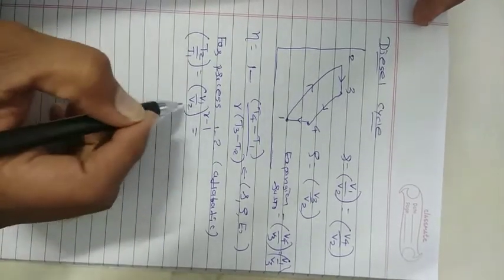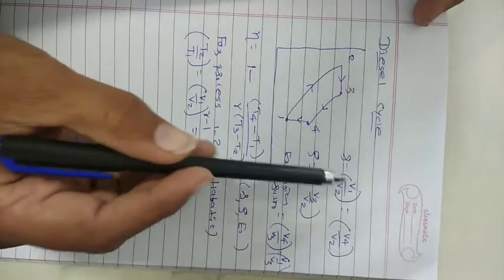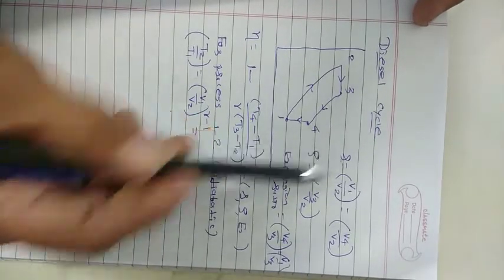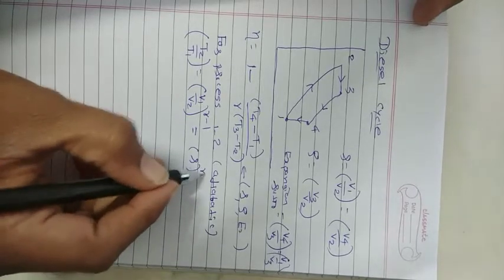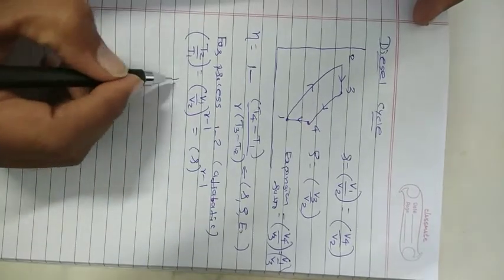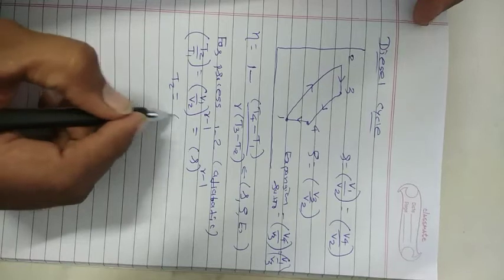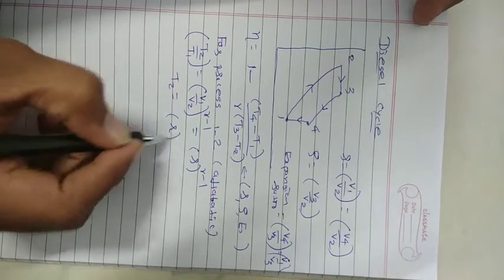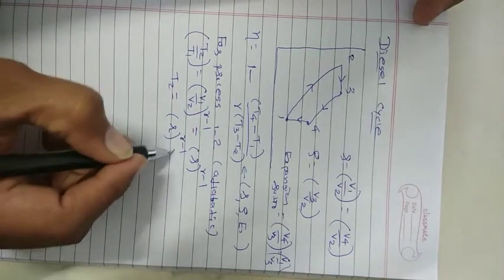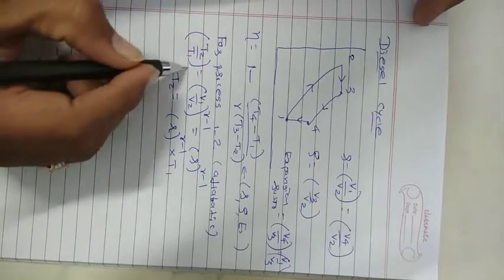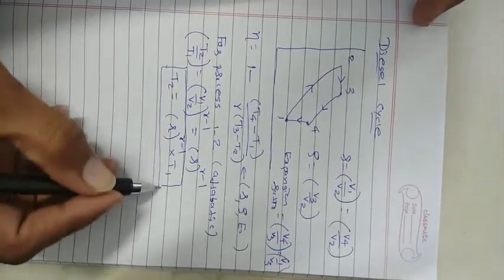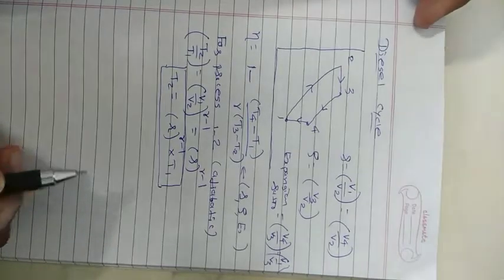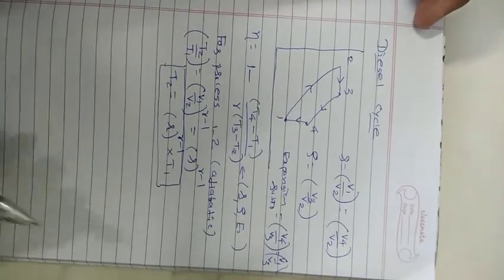Now what is V1 by V2? It is the compression ratio R. So we can write R raised to gamma minus 1. So T2 is equal to R raised to gamma minus 1 into T1. This is how we have converted T2 in terms of T1. Clear?